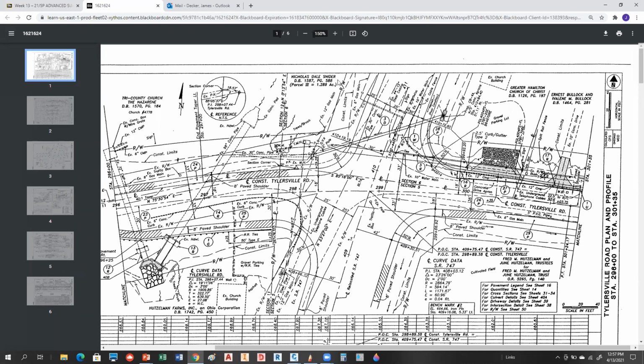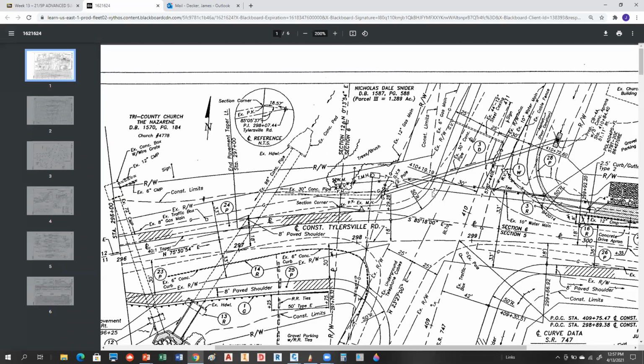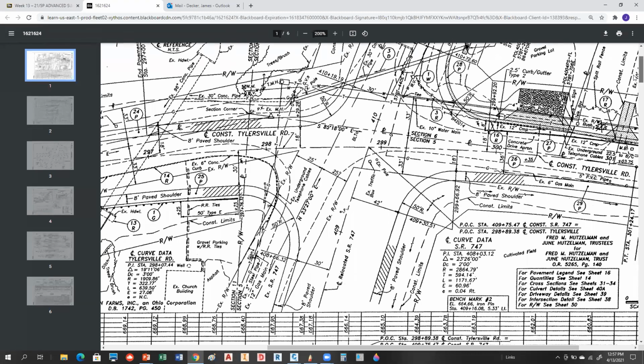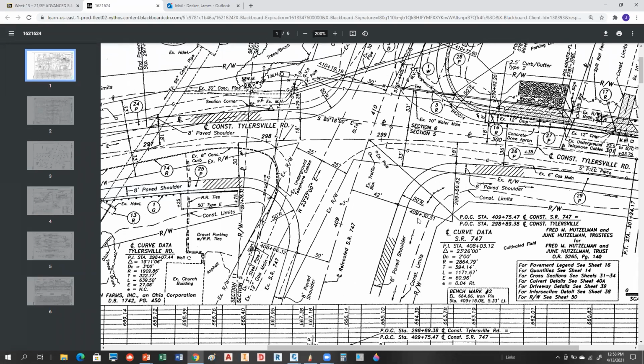Yep. I want you to notice something here. This is kind of important to understand too. Notice it has a station there. 409+30.51. That is the station of, let's see, this is 747.